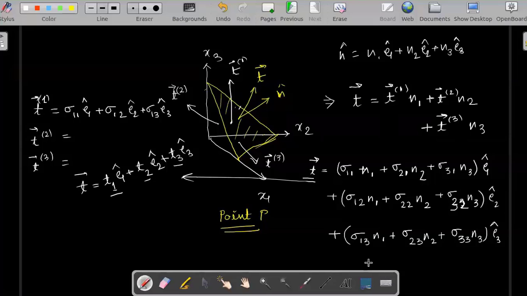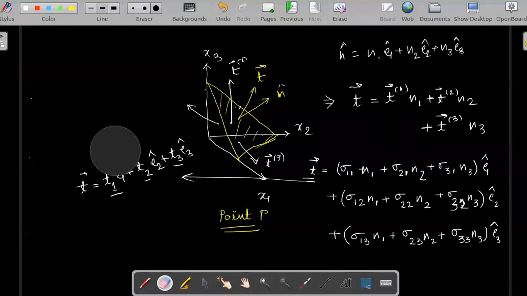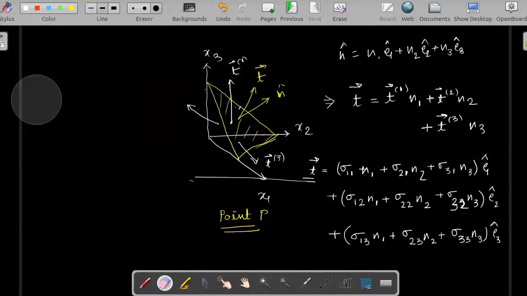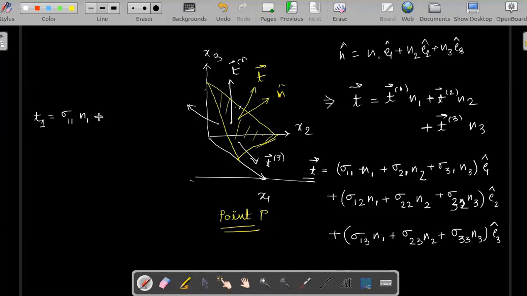If this is so, equating the base vectors of T, can I write T1 is equal to sigma 1 1 n1 plus sigma 2 1 n2 plus sigma 3 1 n3.